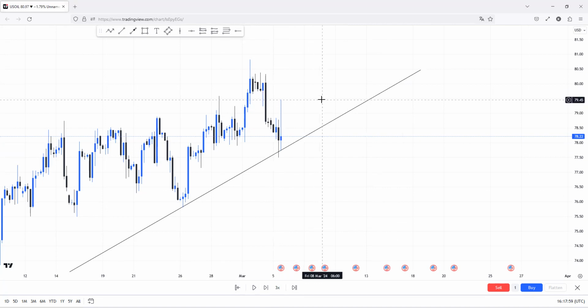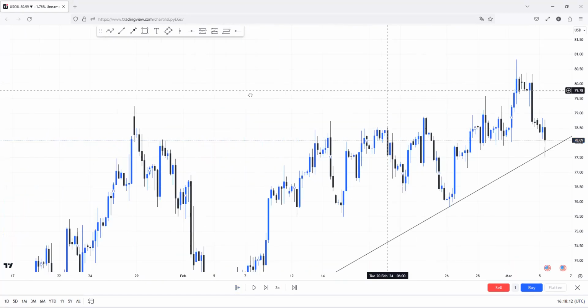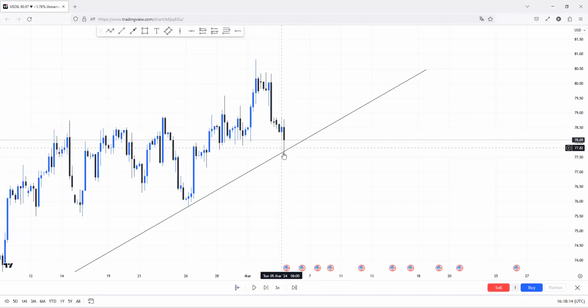That's where you can see that to be good at trading, you need to be very, very patient. The market has reached our trend line with this candle, but we haven't got the confirmation.